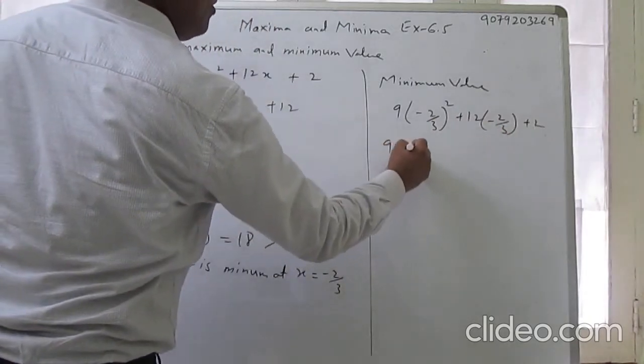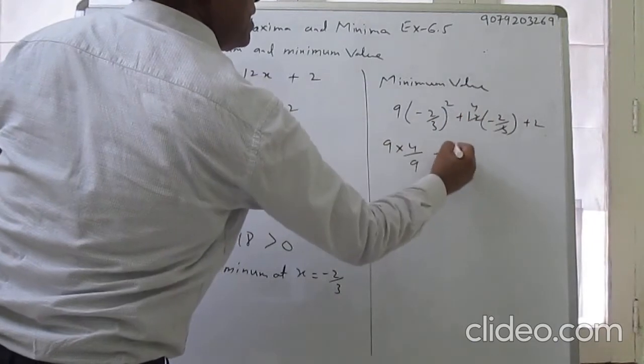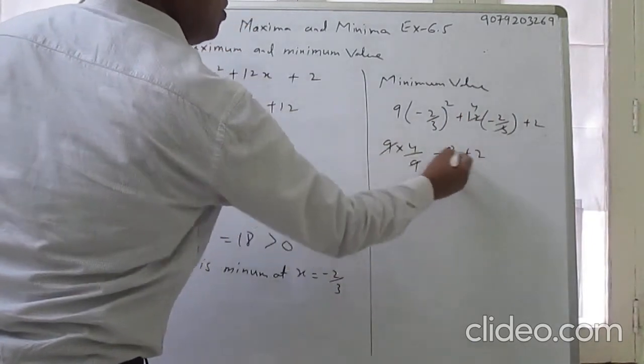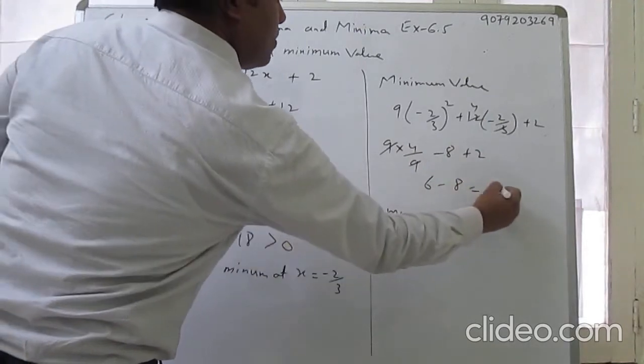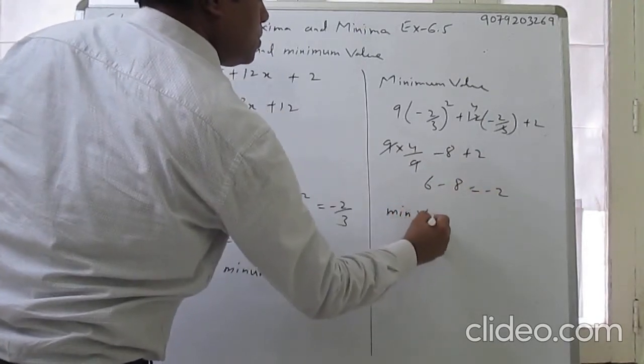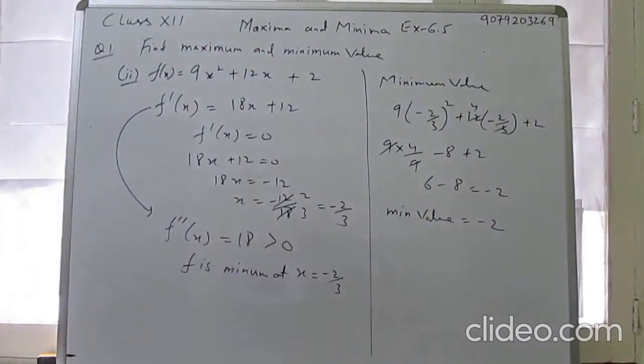So 9 into 4 upon 9, 3 4s are 12, minus 8 plus 2, 6 minus 8. So the minimum value is equal to minus 2. Minimum value is minus 2.